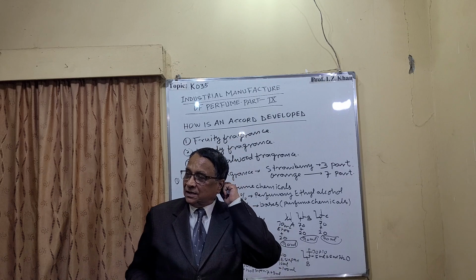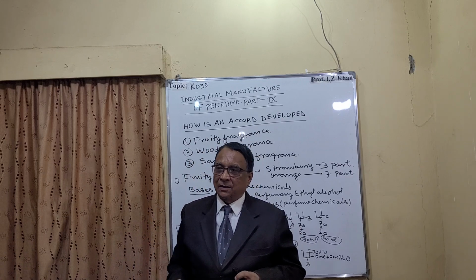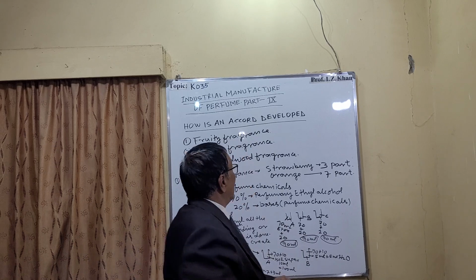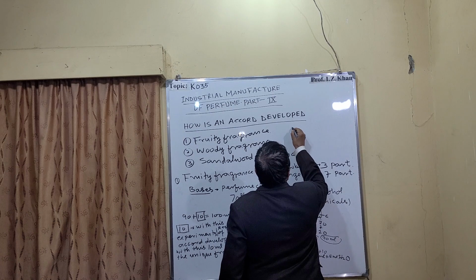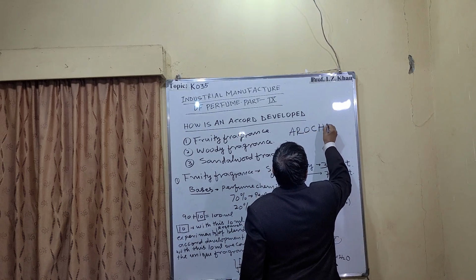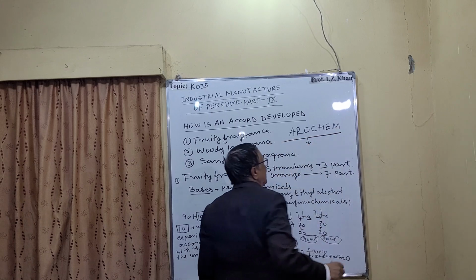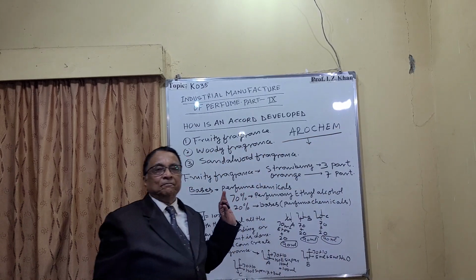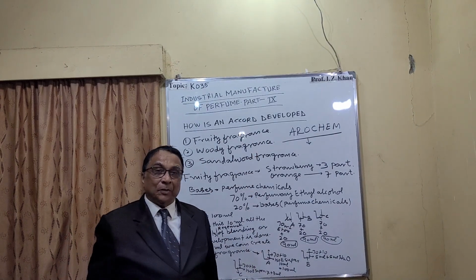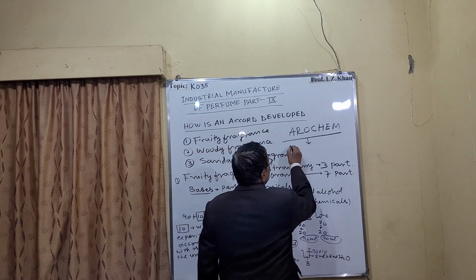And the best I can say, which is very reliable and authentic, is Arochem. If you go to Arochem, A-R-O-C-H-E-M, they are preparing all these that I have listed, the 10 types which are mostly widely used, those perfume chemicals.